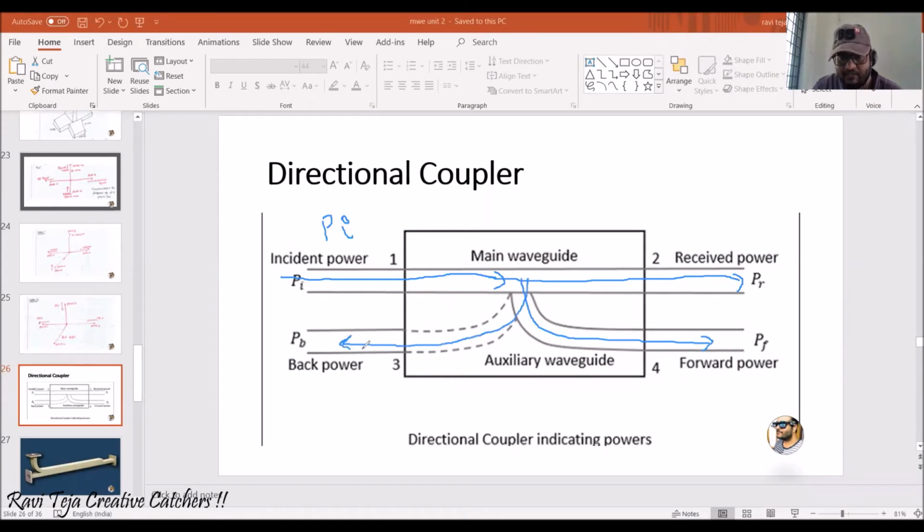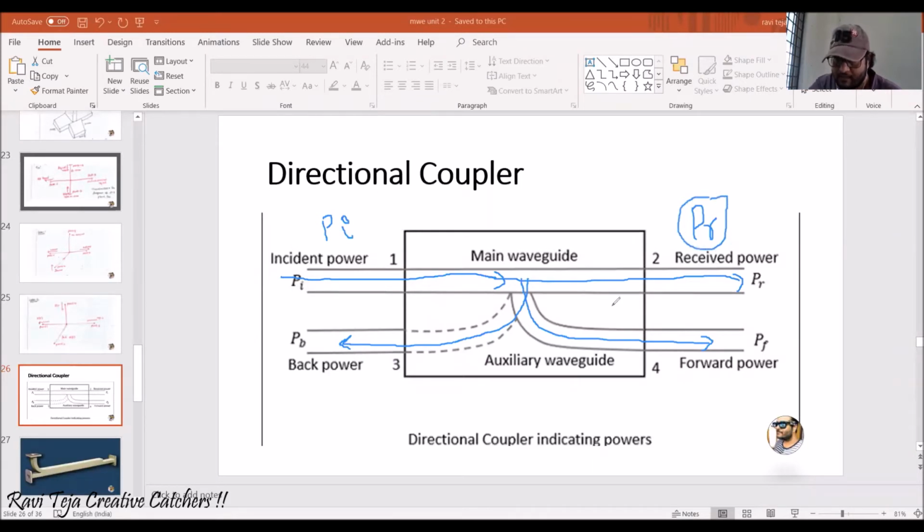That's why, the energy travels from here and is received directly there in the straight path, so port 2 is considered as your received power port. From where we are giving the microwave signal is called the incident power port. From where the signal is received is considered the received power port.